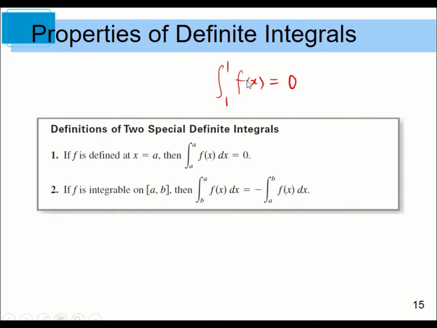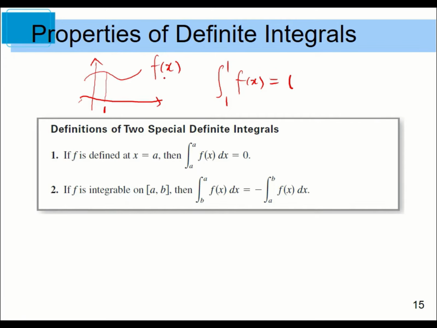Now what does that mean? Since we know that the integration represents the area, if we integrate the function from 1 to 1, it actually means that we are getting a straight line. We are actually finding the area of a straight line. Let's say this is function f and this is 1.